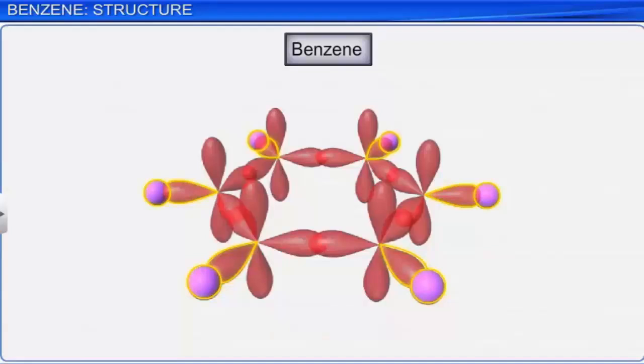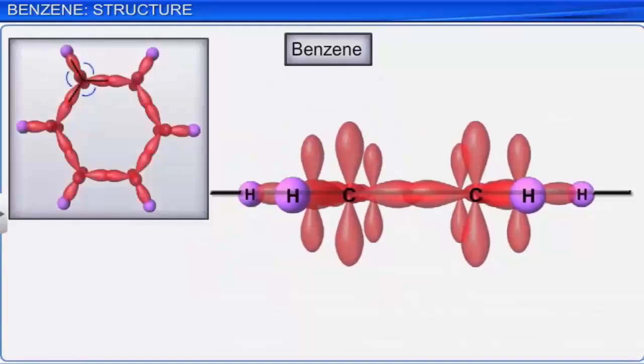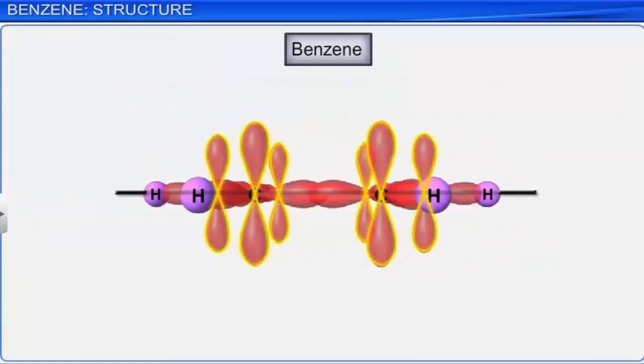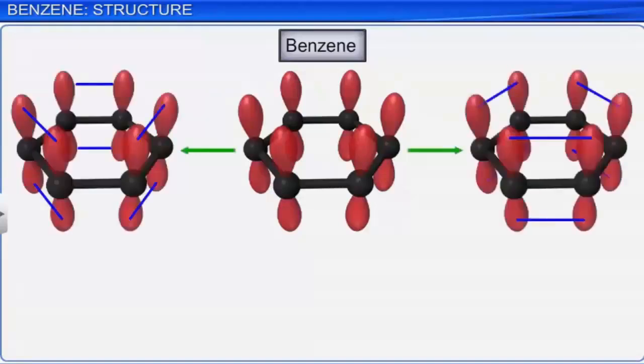Here, each carbon atom is left with one unhybridized 2p orbital at right angle to the hexagon of the carbon atoms in benzene. We know that the p orbital has two equal lobes, one lying above and the other below the plane of the ring. These unhybridized 2p orbitals of the carbon atoms overlap each other sideways, as shown here.